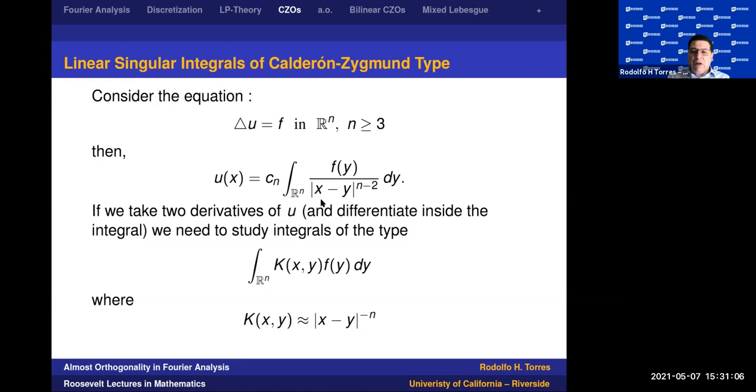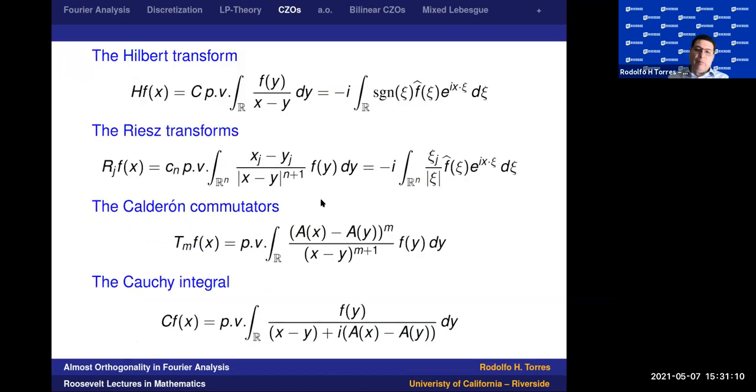and that led to the study of what nowadays are called Calderón-Zygmund operators. These are operators that essentially behave like those. So here are a few examples. Perhaps the most typical one is, in one dimension, the Hilbert transform, which is f(y) over x minus y. And this has to be interpreted as a principal value singular integral so that we can make sense of it.